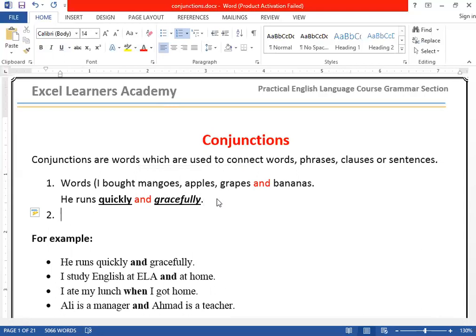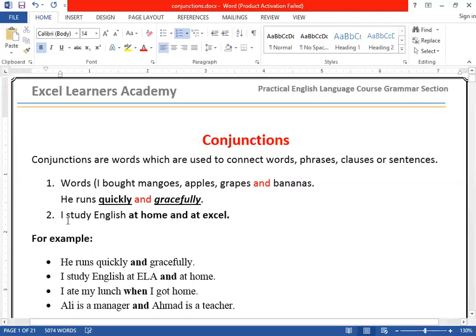For example, I study English at home. Now can you see here, at home is what? It's a phrase, clear? I study English at home and at Excel.